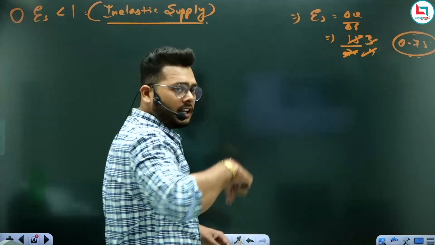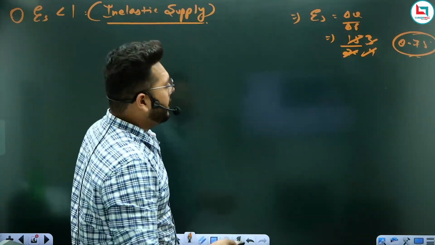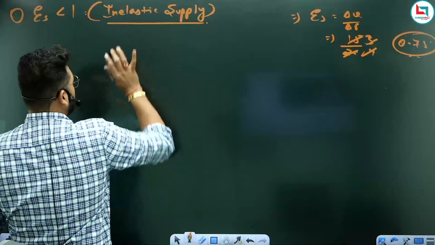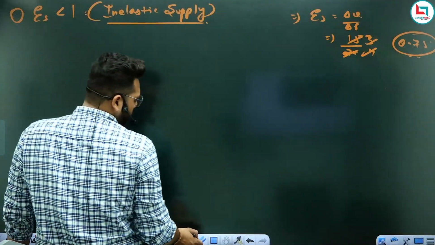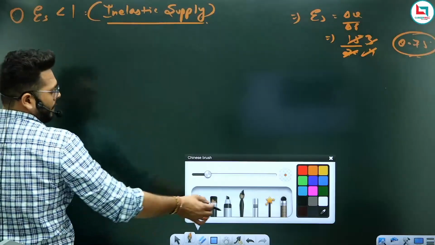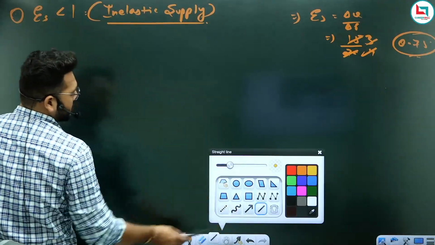Which is less than 1. If anything is less than 1, this means inelastic supply. Am I clear? So how can you make the curve of this inelastic supply?